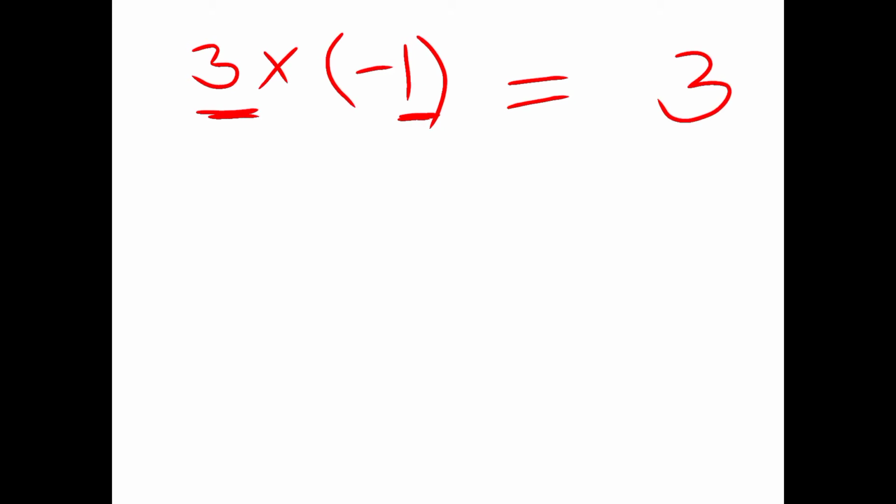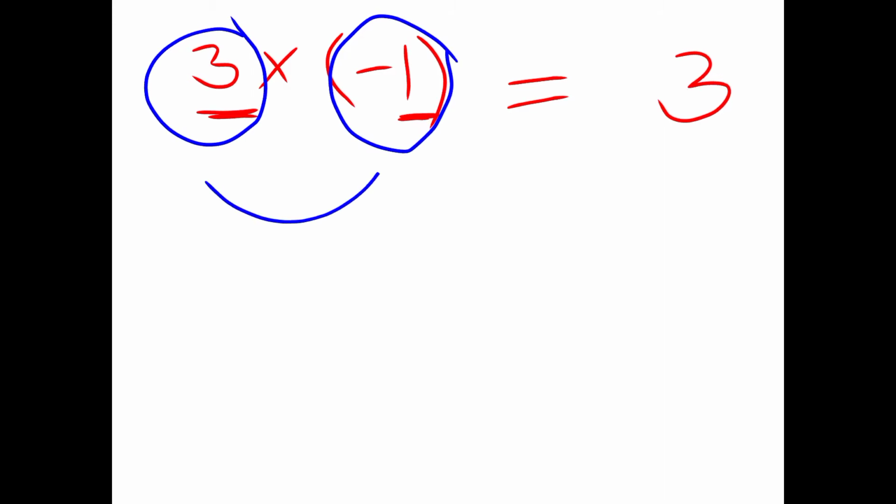Now we have to recollect the rule that we discussed in the previous two lectures. Since the sign of this 3 is positive and the sign of this 1 is negative, the signs are different, right?